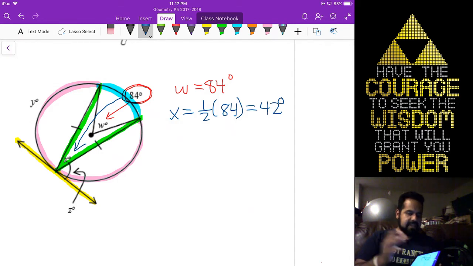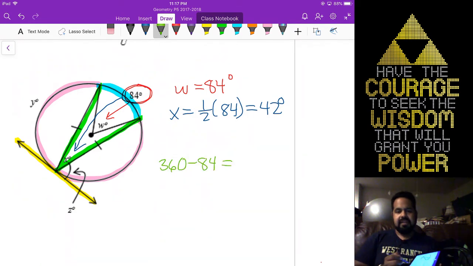Now angle Y is talking about that intercepted arc, the pink left side. If we remember that 360 is the total sum of all of the measures of the circle, I'm going to do 360 minus 84. My brain is fried right now. Let's see, 276.